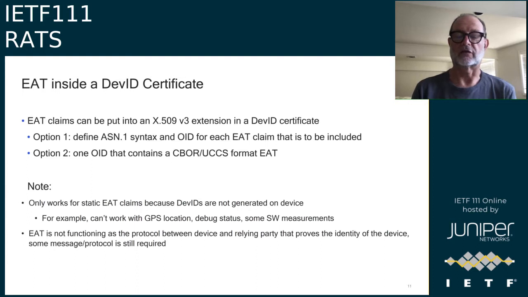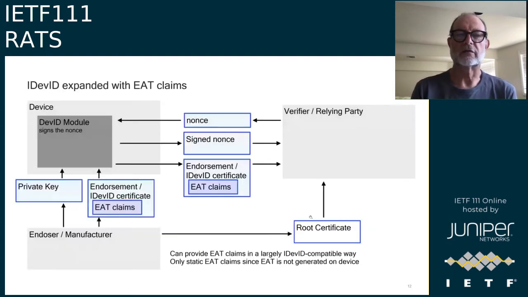That's probably still EAP or something like that. Okay, I think that is it. Go forward one more slide to make sure I don't have any others. Yeah, there we go. That's just a picture of what I just described. You can see the EAT claims have been put into the IDevID certificate.